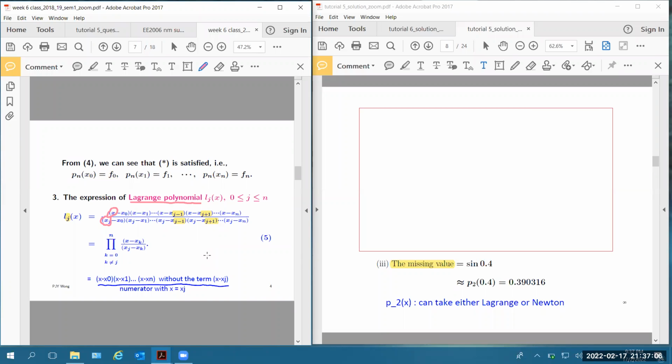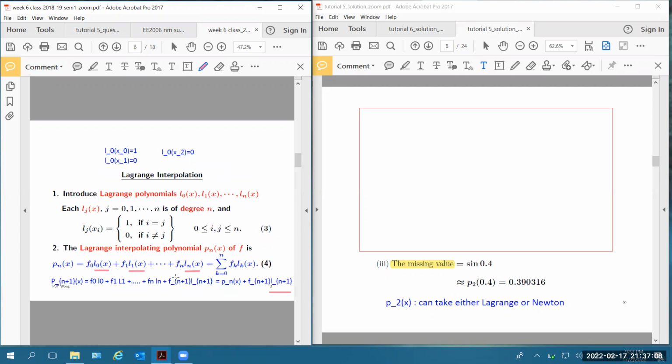You realize that? So that means all these things that we write down, your L0, your L1 until your Ln, are different from the earlier L0, L1 until Ln. They are different. So that means this is not equal.